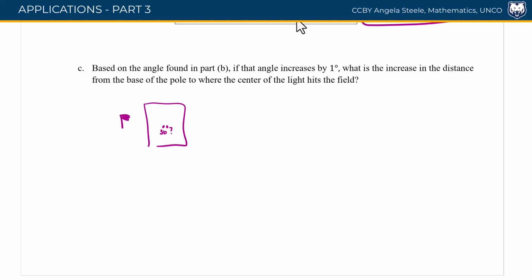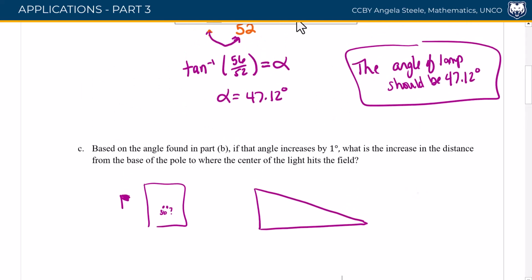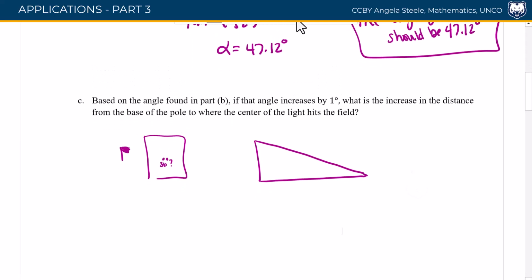Okay, so we have an angle of 47.12, but we're now going to increase it by 1 degree. So that means that our new angle is going to be 48.12 degrees. The height of that pole is not going to change.